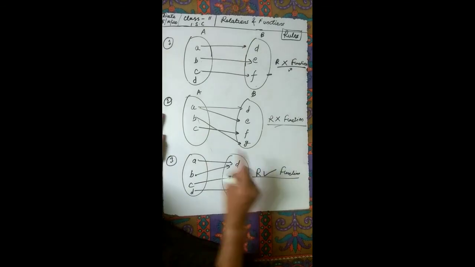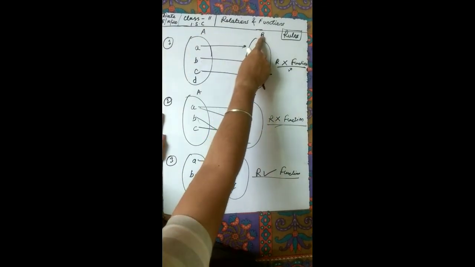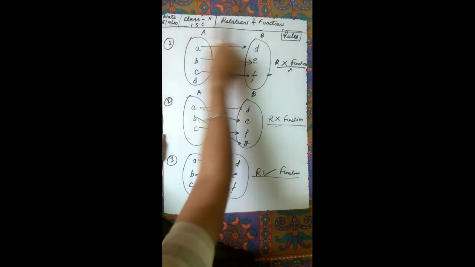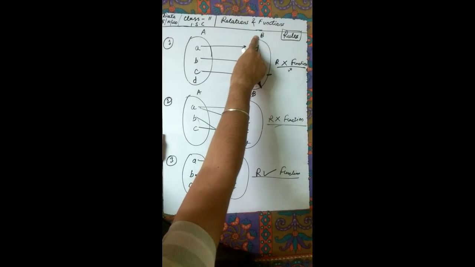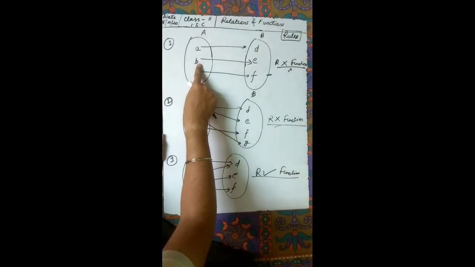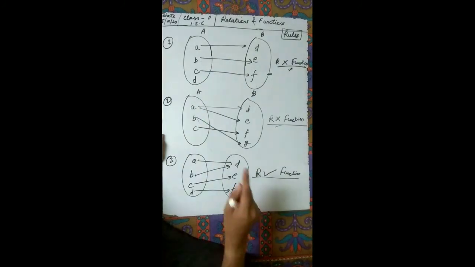Or let me say it in terms of A and B: a function from A to B is a rule which associates to each element of A a unique image in B.